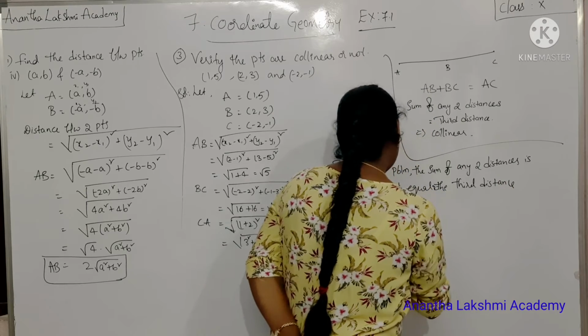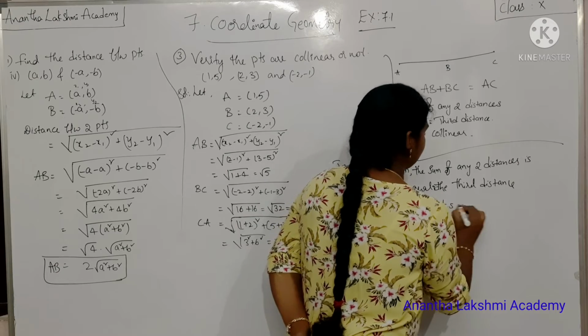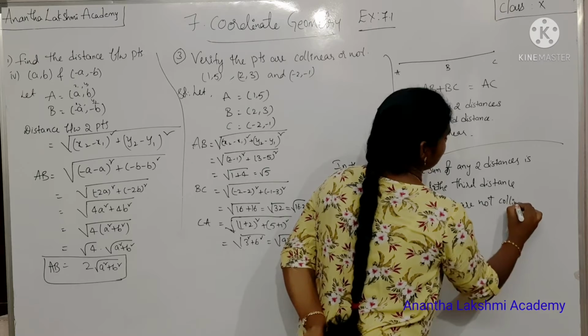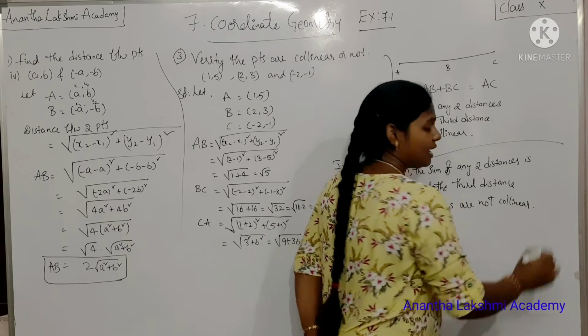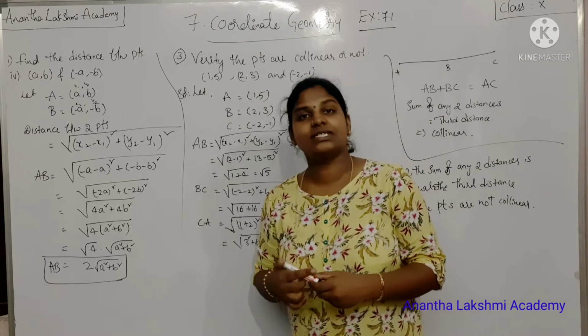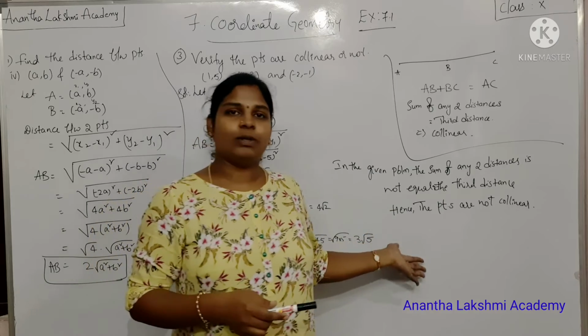Hence, the points are collinear or not? Not collinear. The points are not collinear. Why are they not collinear? They did not meet this criteria of sum of any two distances is equal to the third side. Alright, that is about the third problem.